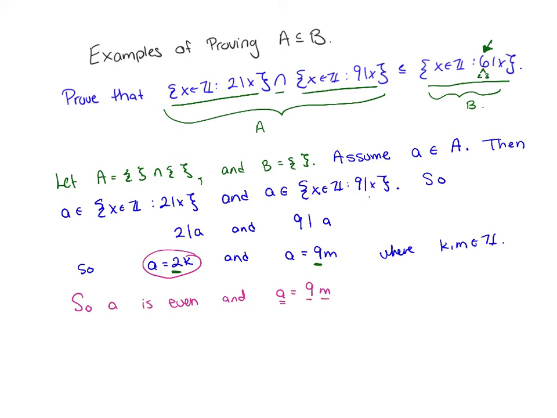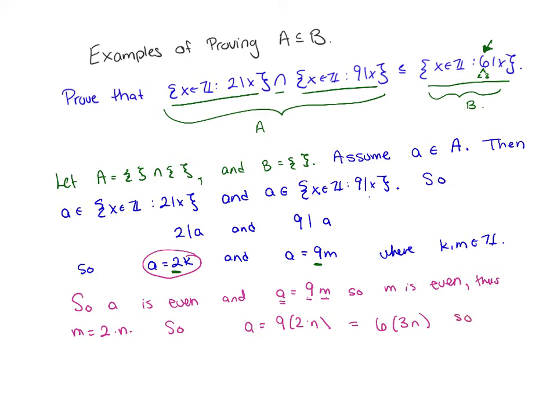So m can't be odd, because if m was odd, you have an odd times an odd, which wouldn't give you an even. So we get that m is even. Thus, we can say that m is equal to 2 times, I need a new letter, let's use n. I haven't used that one yet. So now I get a is equal to 9 times 2 times n, which is 6 times 3n.